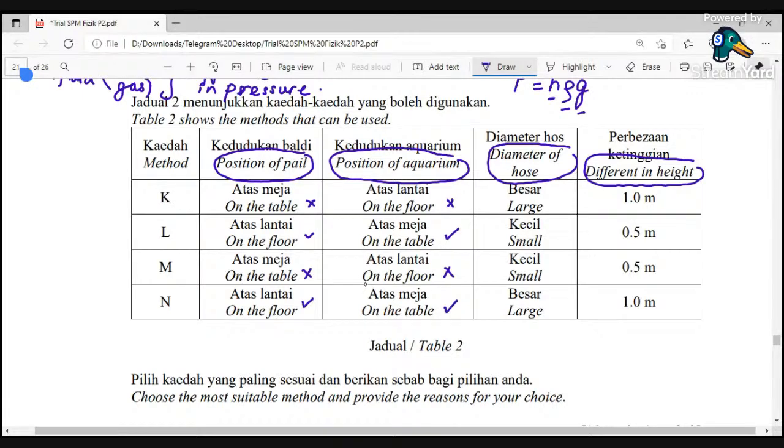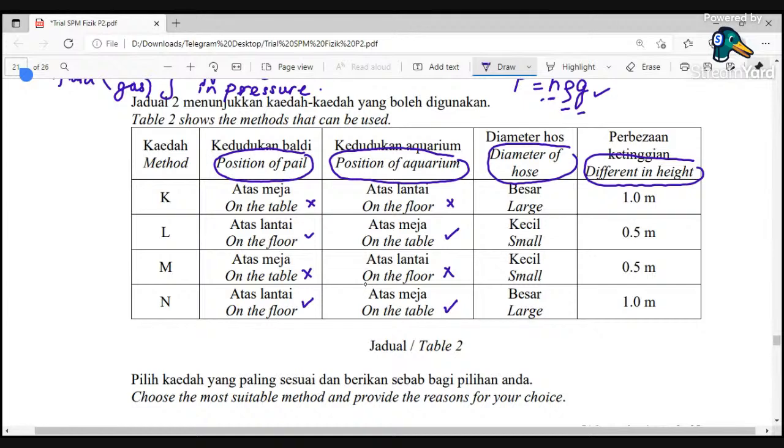Okay, diameter of hose. Diameter is related to area. Remember, pressure in a liquid does not depend on shape, size, or cross-sectional area; there is no area factor. So a hose with a large diameter will be able to let more water come out at a certain time, which is faster.